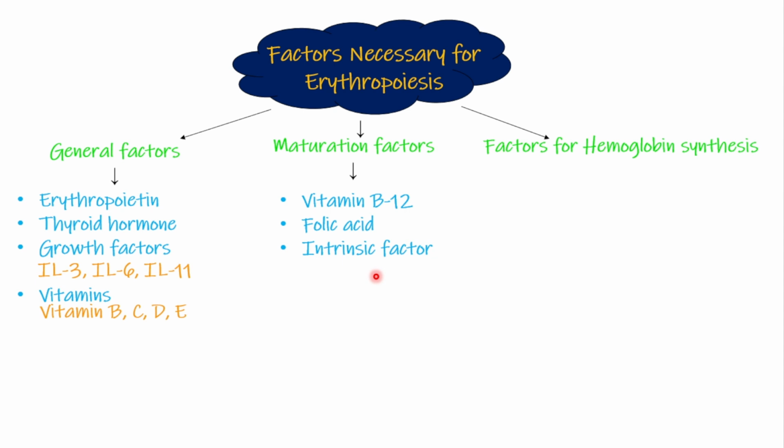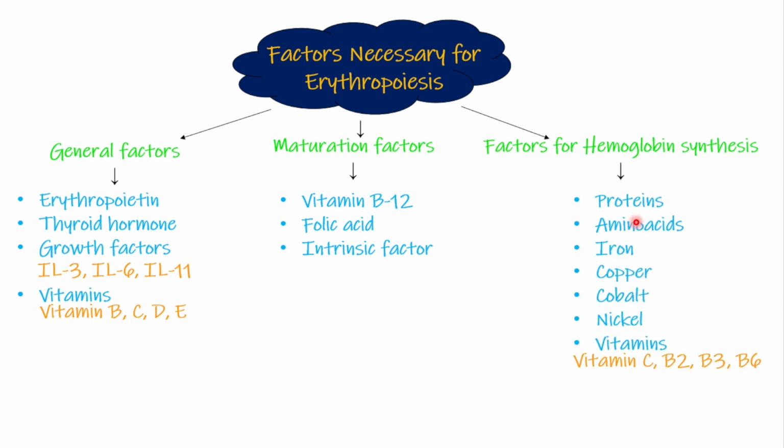Then we have the factors for hemoglobin synthesis. The factors for hemoglobin synthesis include the proteins, the amino acids, the iron, copper, cobalt, nickel, and then again the vitamins. So iron, copper, cobalt, and nickel are the minerals, along with the proteins, the amino acids, and the vitamins.